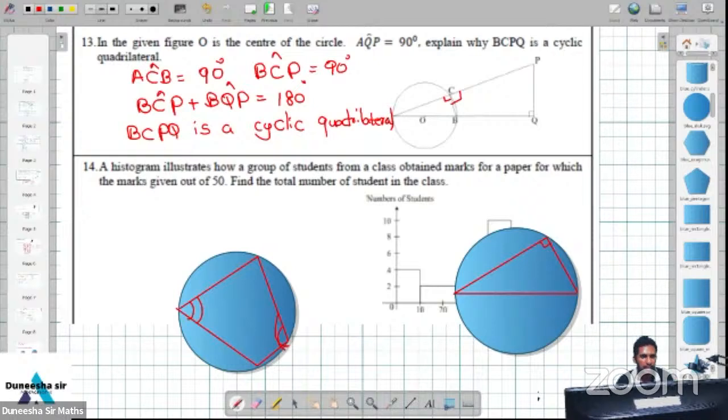If you finish the 13th question, raise hand. 13 ඉවර නම් raise hand කරන්න.